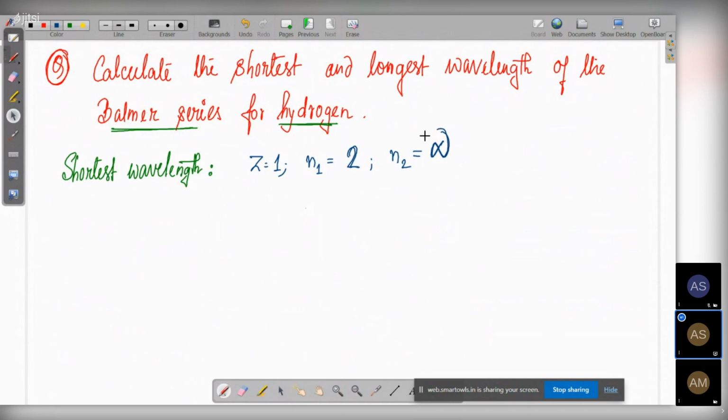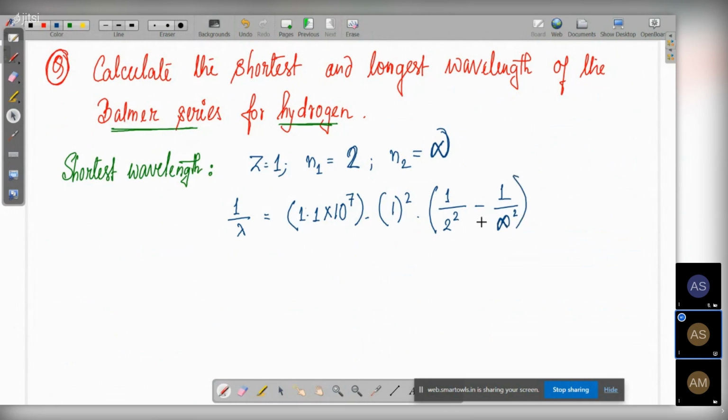So 1 by lambda is equal to R. R is 1.1 into 10 to the power of 7, into Z² into (1 by 2² minus 1 by infinity²). Now what is infinity square? Infinity square is infinity only, and 1 by infinity is basically 0.